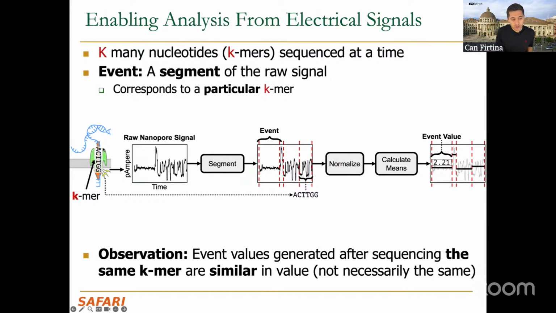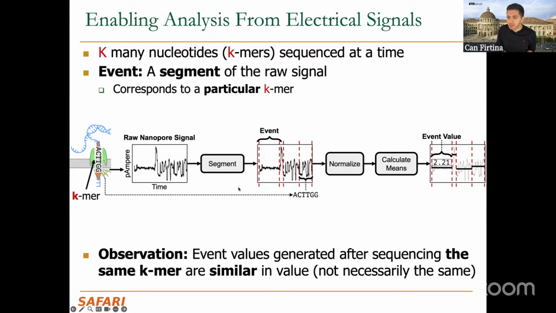Assume we are sequencing this k-mer at different times, right? So we have ACT, TGG again. Now we sequenced and then we generated this 2.21 value. Now, maybe in another nanopore or at a different time, we reach that DNA 6-mer or k-mer again, maybe just because it appears in another region in the DNA.